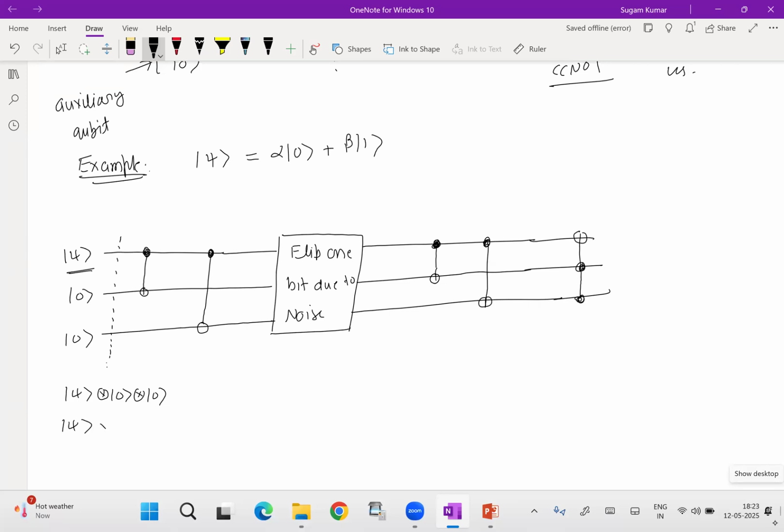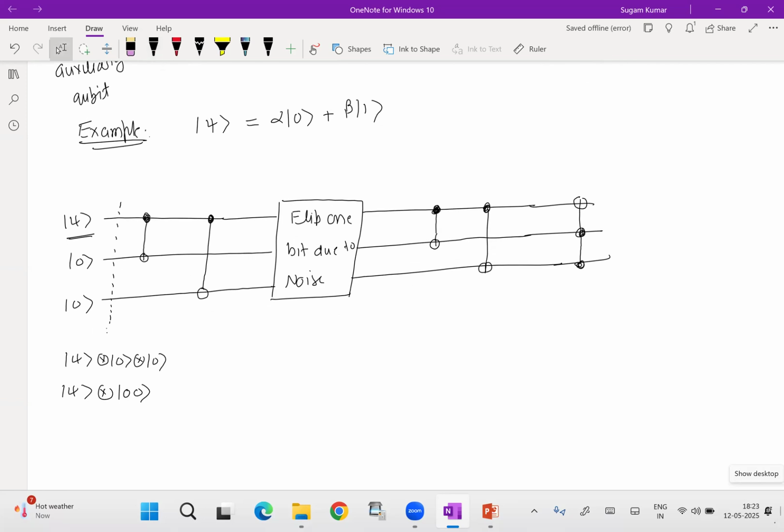This becomes psi, tensor product, this becomes 0, 0, correct? And what is psi here? If you put the value of psi, this is alpha times 0 plus beta times 1, and tensor product 0, 0. And this will give what?